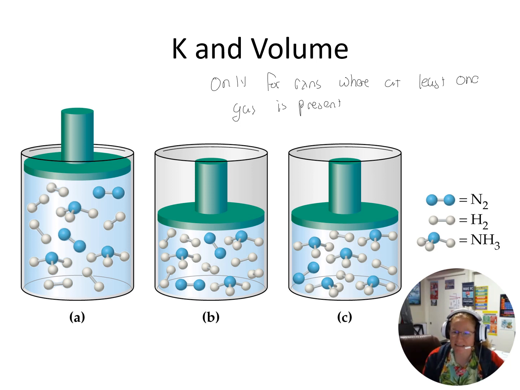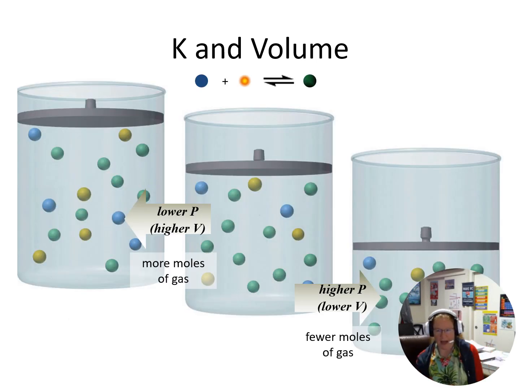And so gases are going to react differently when I mess with the volume. Okay. And so what happens if I have a lower pressure, i.e. a higher volume, I'm going to shift toward more moles of gas.